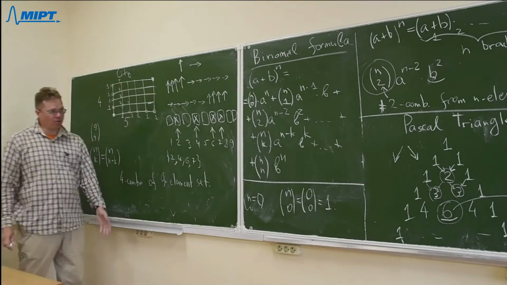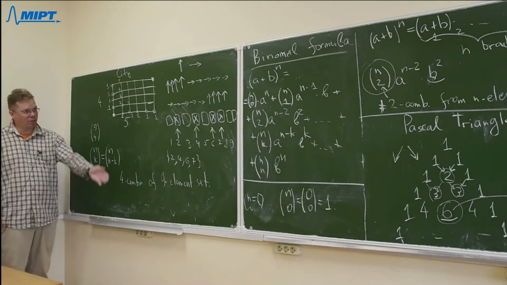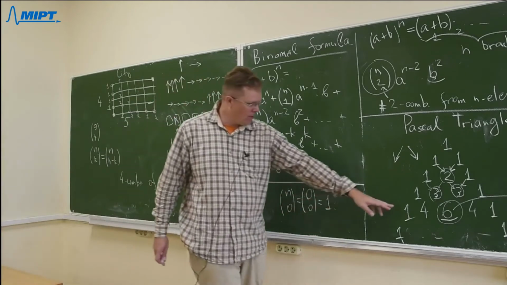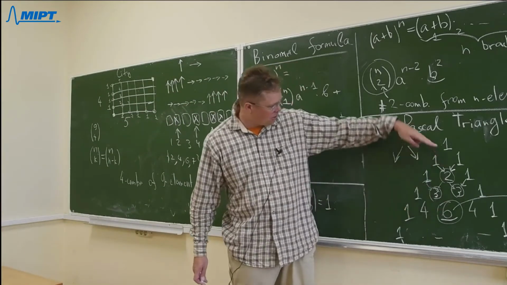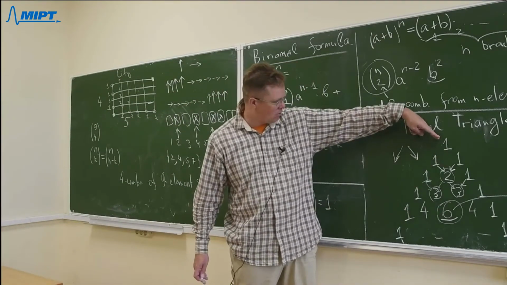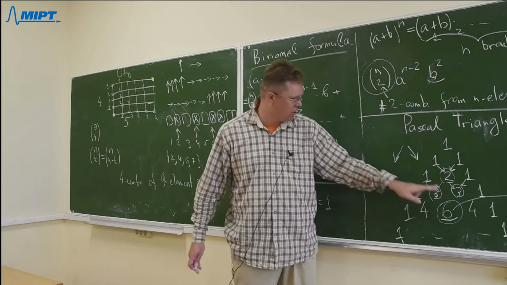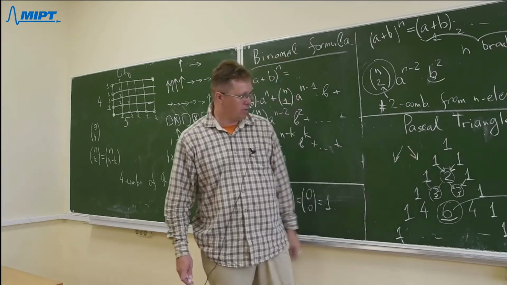And the same holds in an arbitrary situation, from here to here. So if you want to find what this number is, you just calculate the number of ways of going from this point to this point, going to the right or left.